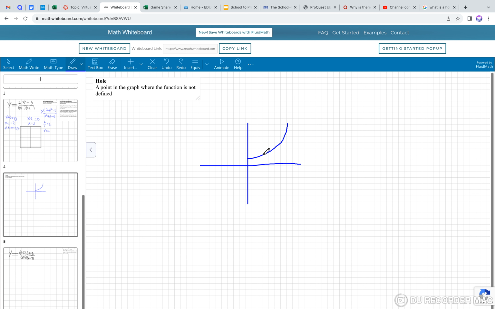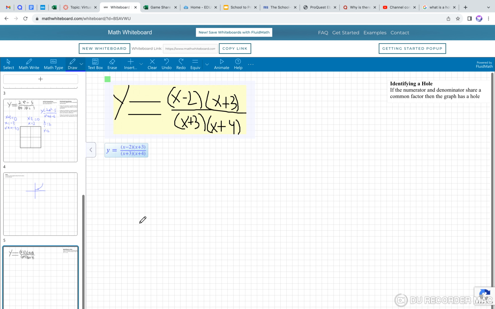And a hole would be a point right here where at that exact point it does not exist in the function. But zoomed out, it appears that it would exist. But if we zoom in to a great degree, we would see that it actually does not exist in the function. So you'll see what I mean by this.